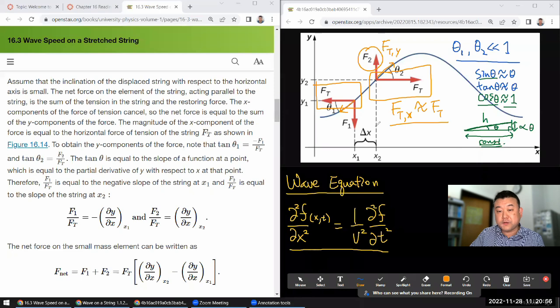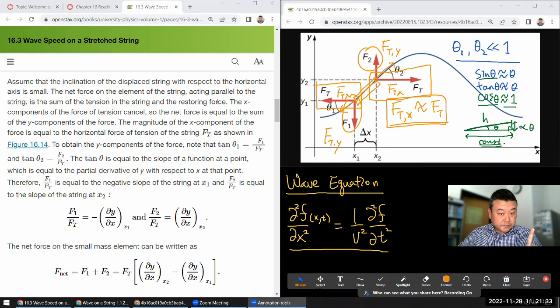This is the y component of the force of the tension, and the expressions they write down saying that the Ft on this side is equal to Ft on this side, even though their y components will be different, is because of this approximation here. What they are really expressing is that the x component of the force of tension is equal on both sides, because this string element is not accelerating horizontally.